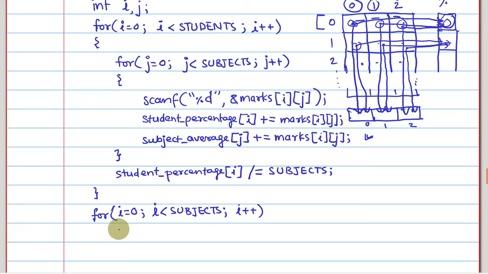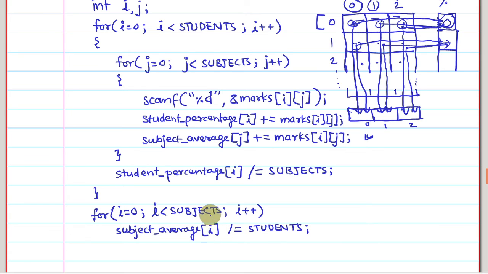What should be that statement? So this is the subject average array, right? So for subject average at index i, we want to divide that value by the number of students, so that we get the average of that subject.